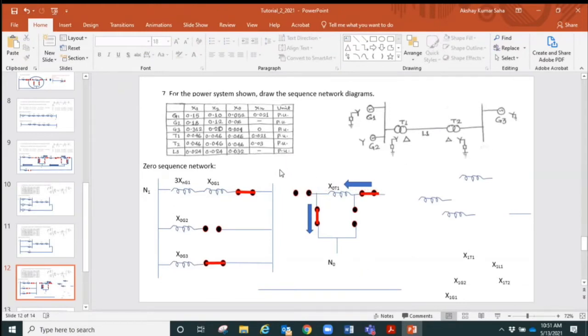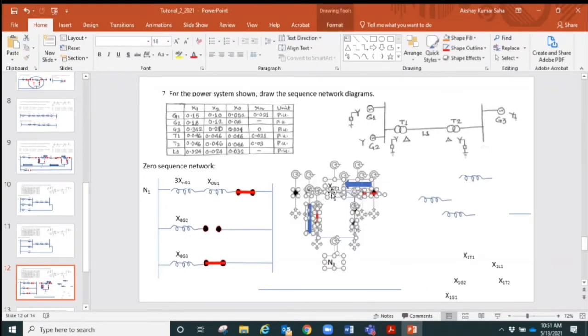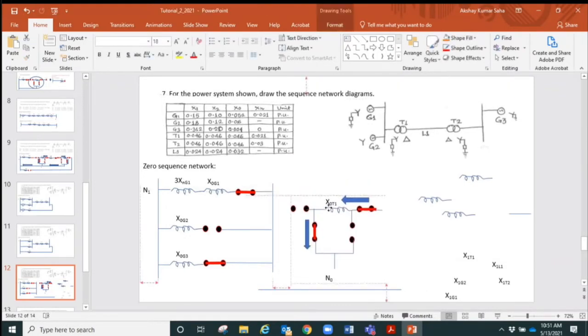We could possibly lower it a little bit. Yeah. So what we now need to do, we need to connect it to the bus bar. So that connection is done, showing the X0 of T1.